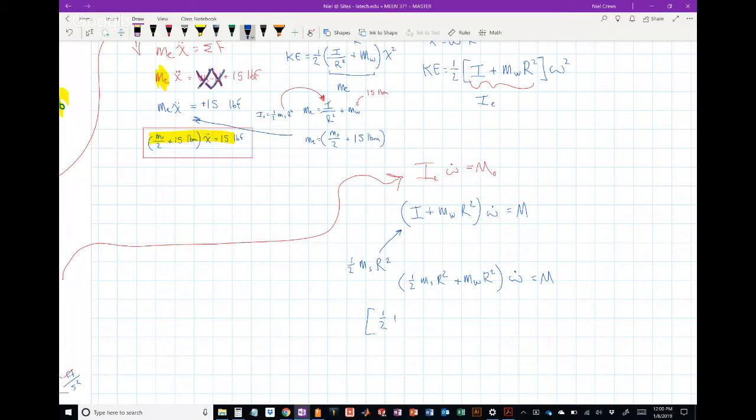1/2 the mass of the spool is unknown. The radius here is 1.6 feet squared, plus the 15-pound mass times 1.6 feet squared, times omega dot. And that equals the moment.